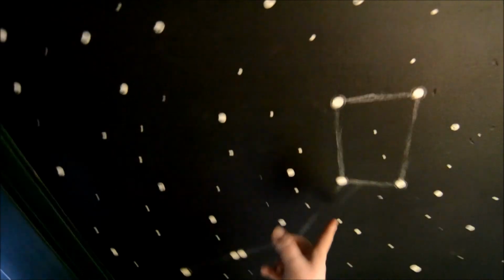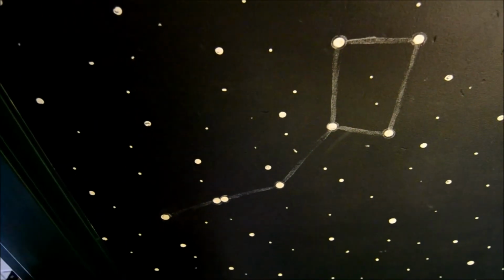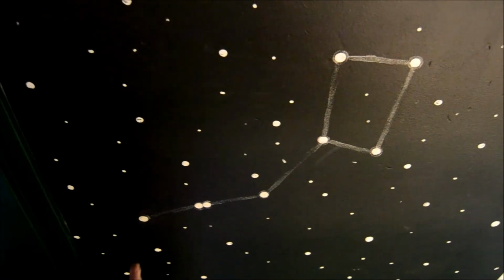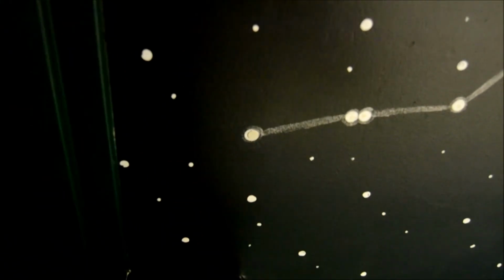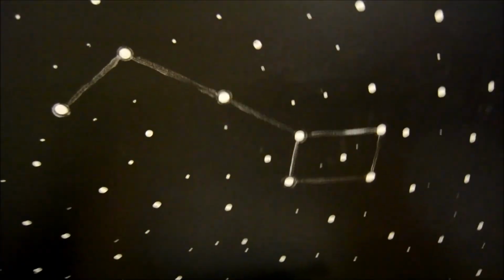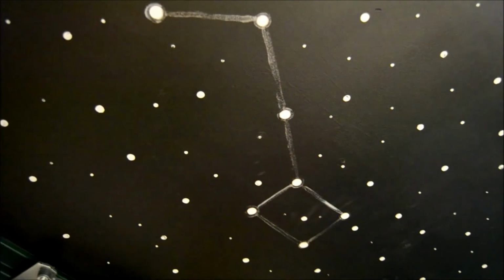Circumpolar constellations are ones that we see all year. Here's the Little Dipper, the one directly over the door. At the end of the handle is Polaris. You use the Big Dipper, which was in the entryway, to figure out where Polaris is.